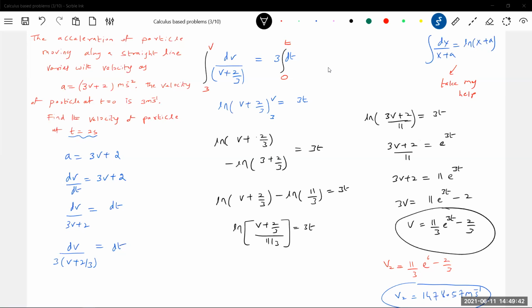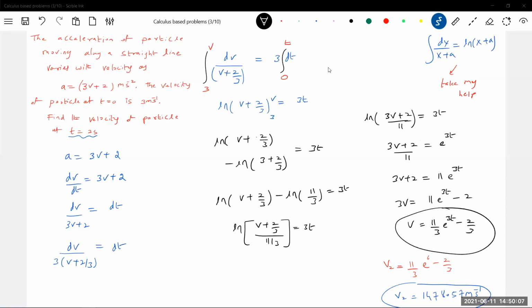I am asking velocity as a function of time. So do I know at t equals 0 what is the velocity? 3 meter. Then I want the velocity of the particle at 2 seconds. So what should I do? Limits. Shall I put jalebi there, chocolate there, ice cream there, or shall I put t and v? T and v only. At t equals 0, what is the initial velocity? At any time t, what is the final velocity?